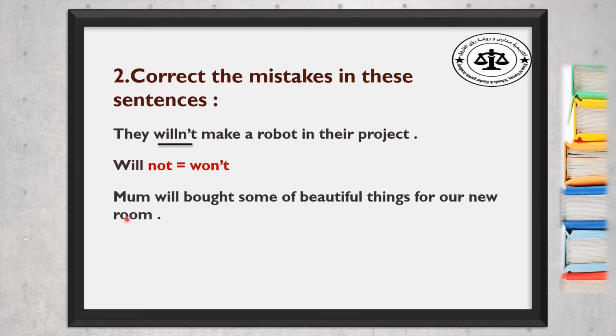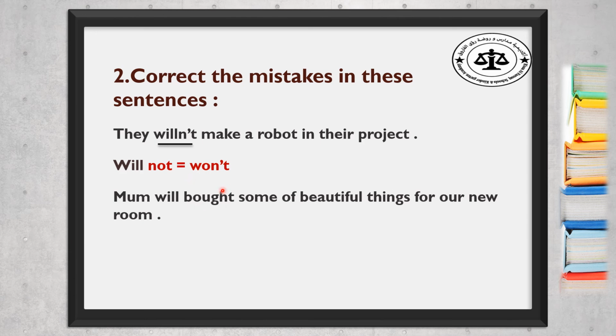Number 2, Mom will bought some beautiful things for our new room. Mom will bought. Where is the mistake here? Yes, excellent, bought. This is, yes, a past verb. And after will, we have to use what? Infinitive verb, excellent.